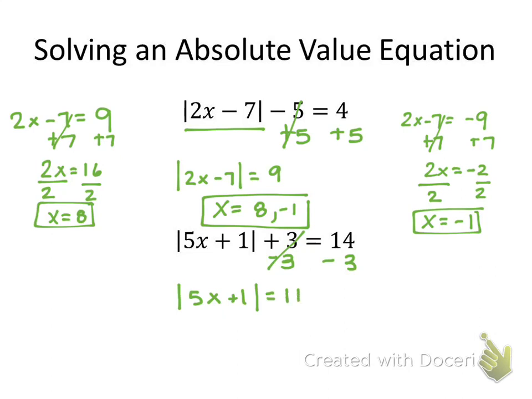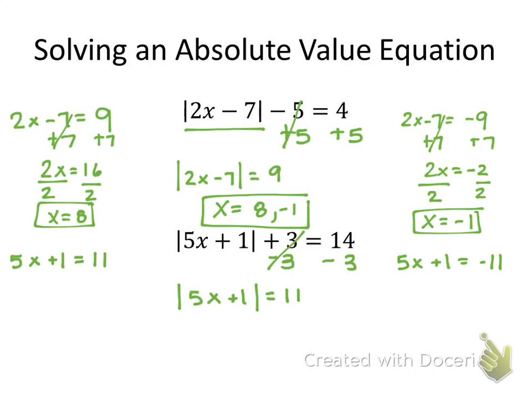Now this is when I do what? I heard it. Drop the bars and I rewrite it 5x plus 1 is equal to 11. And then I'm also going to rewrite it as 5x plus 1 is equal to negative 11.